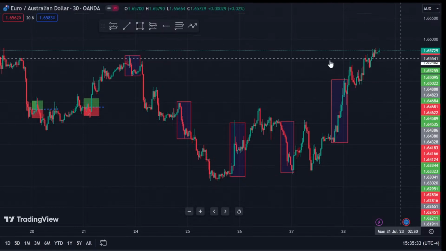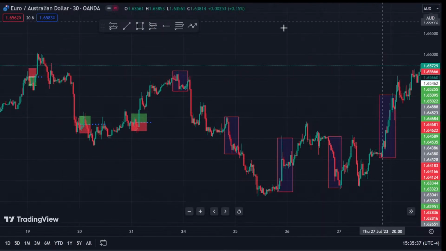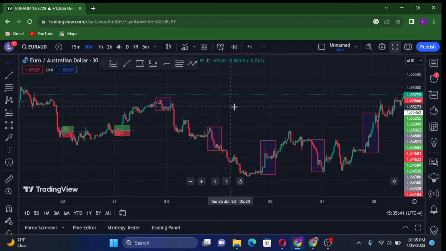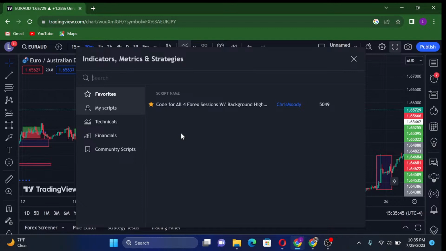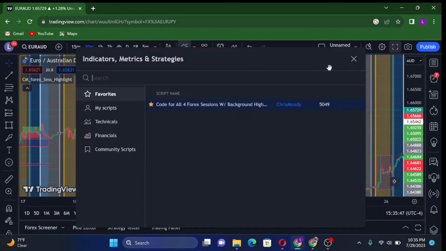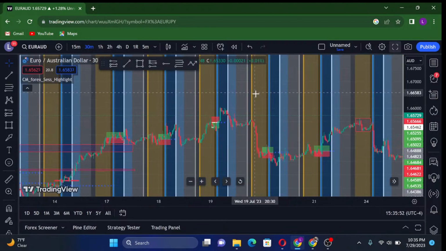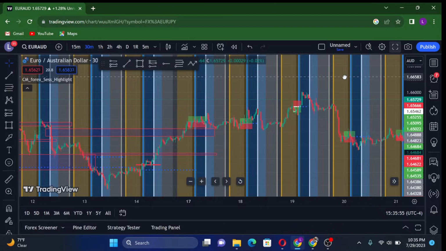Let's check. As I said, this particular week has not been good for traders using supply and demand. I don't know why this market was lagging so much.